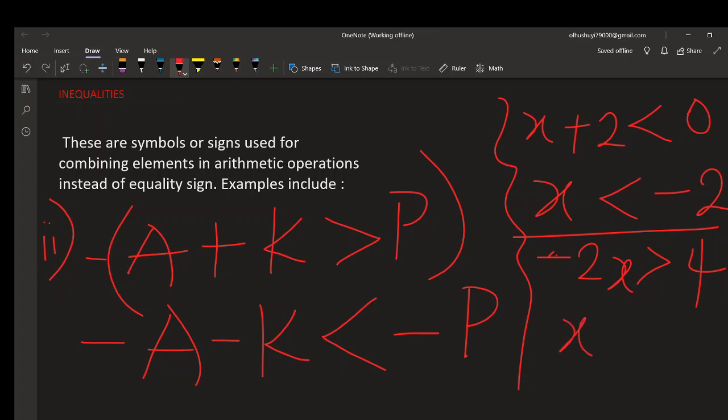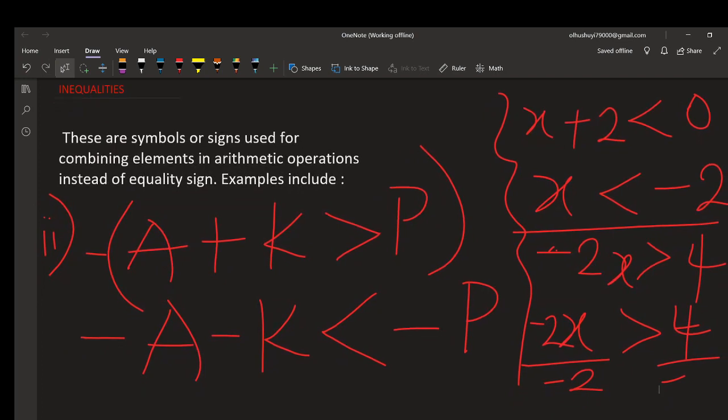Then x will be what? Let me divide it. Minus 2x over minus 2, greater than 4 divided by minus 2. Here things will change.